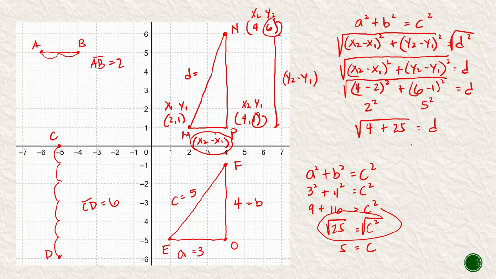So 4 plus 25 is 29. The square root of 29 is a decimal, so we keep it like that. So the distance between M and N is square root of 29.